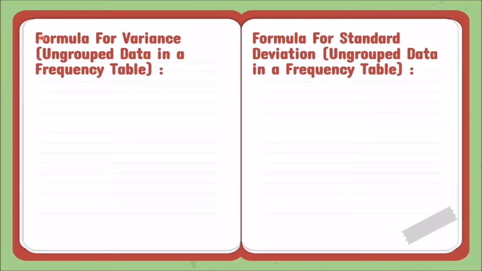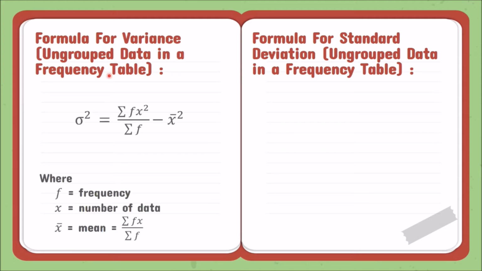Variance is equal to the sum of fx squared over the sum of f, minus x bar squared, where f is frequency, x is the number of data, and x bar is mean. How to find mean? Mean is the sum of fx over the sum of f. Remember, f is frequency, x is the number of data.